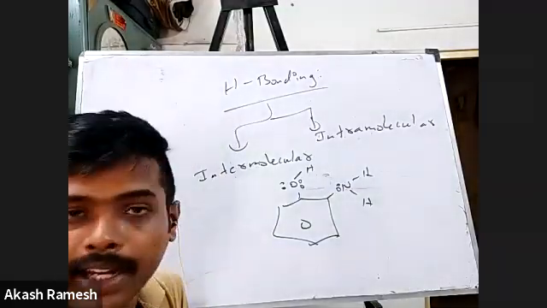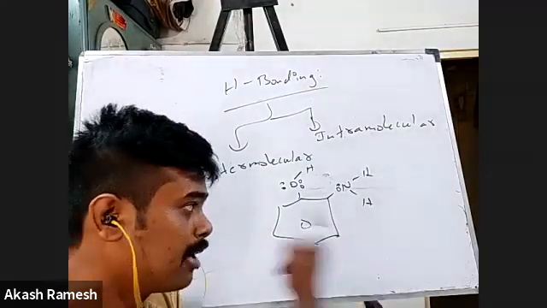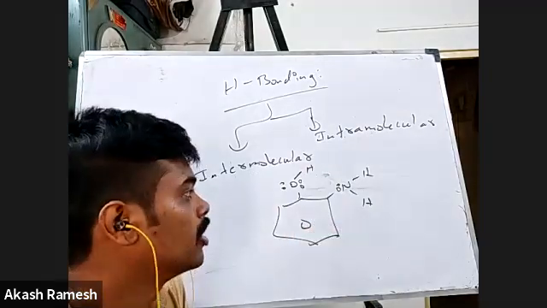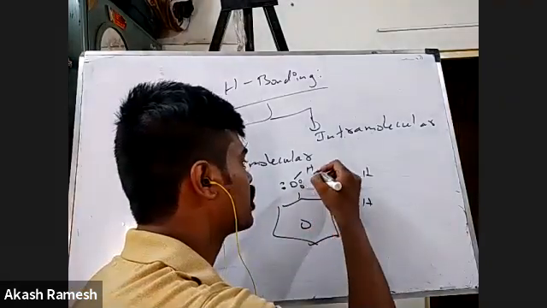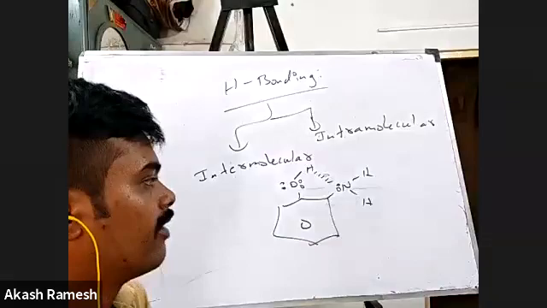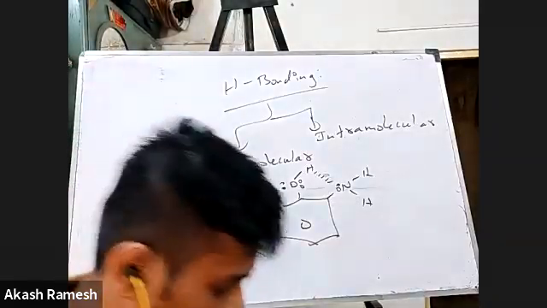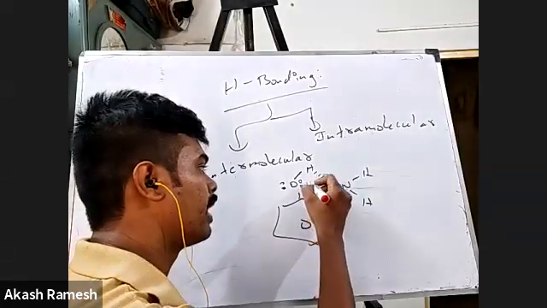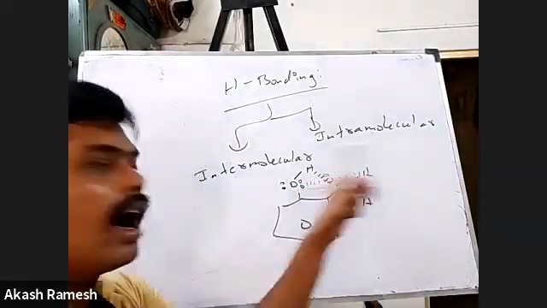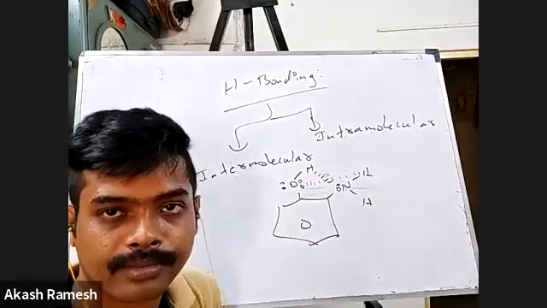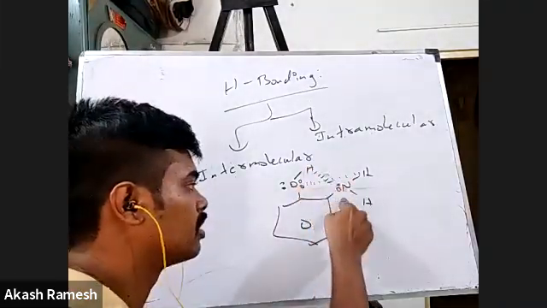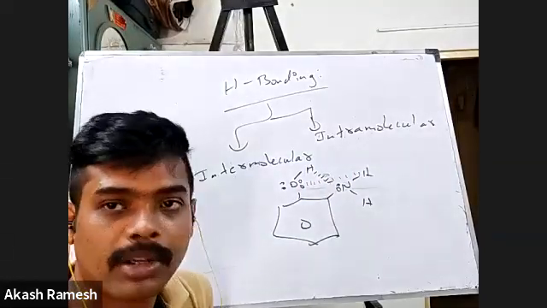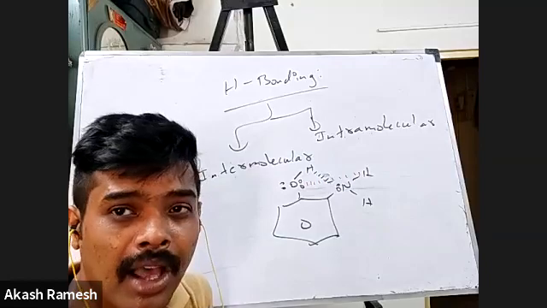Right? So now I can have interactions, isn't it? Now see, I'm not taking two different molecules. In the same molecule only I'm speaking. Right? So I can easily see that this hydrogen and this lone pair can have an interaction. Right? And if I can use some other color, I can show that this lone pair and this hydrogen are having an interaction. The interaction means hydrogen bonding. Right? They are having hydrogen bonds.